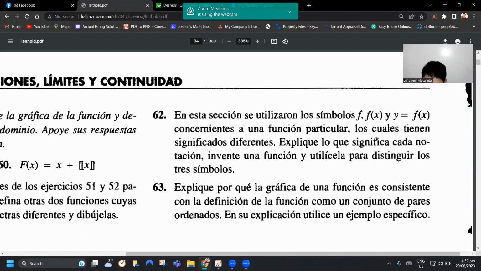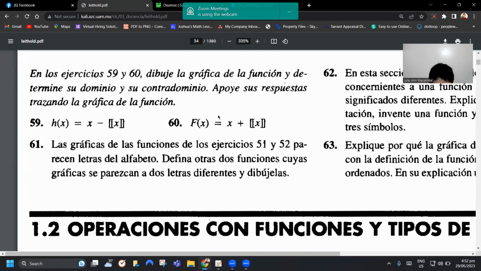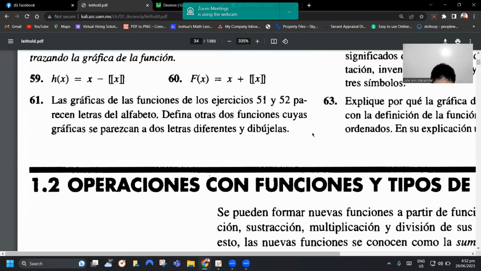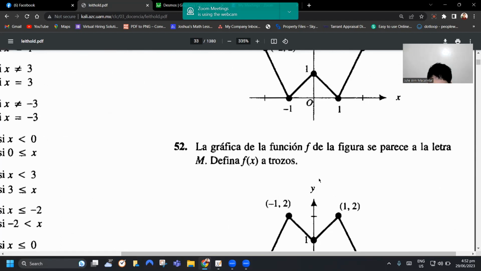Oh, teka, 61. 61. Nasa 62 the graph of the function in the exercises 51 and 52. They look like, basta they look like the letters of the alphabet.